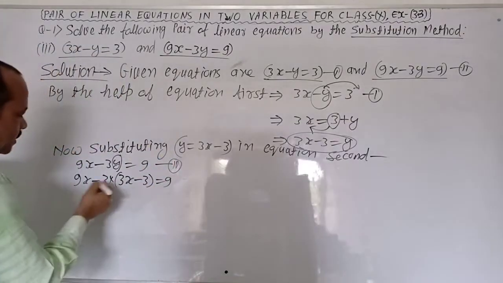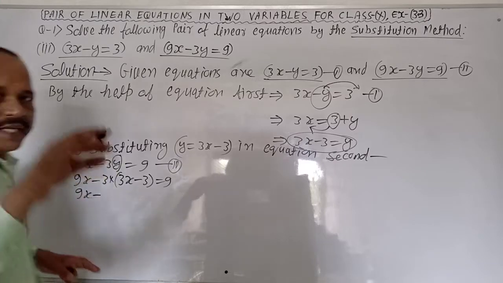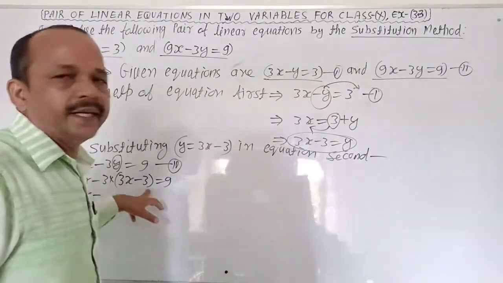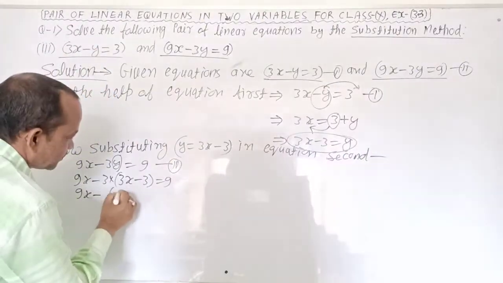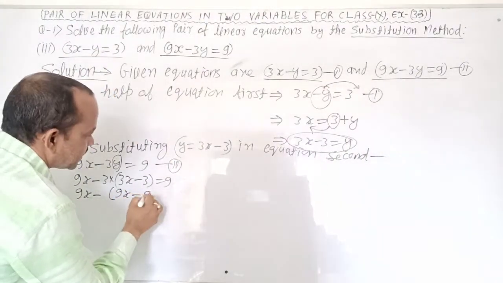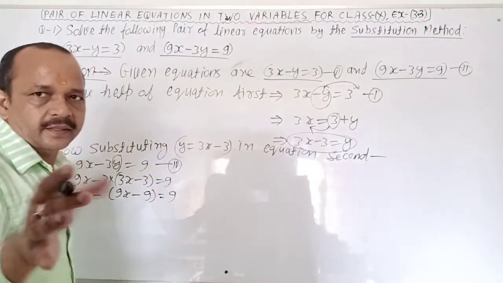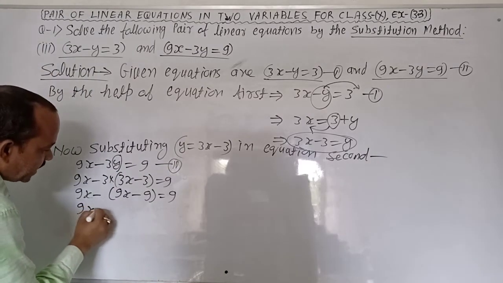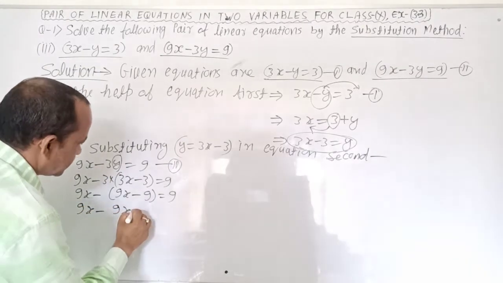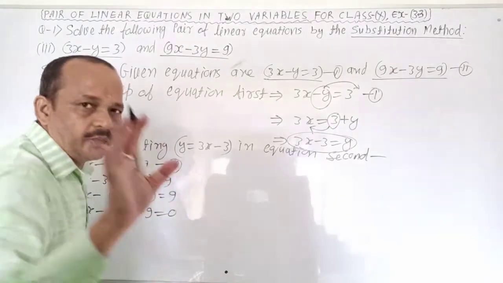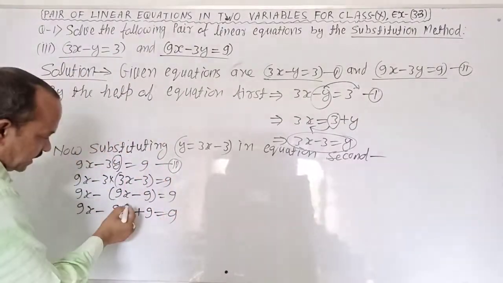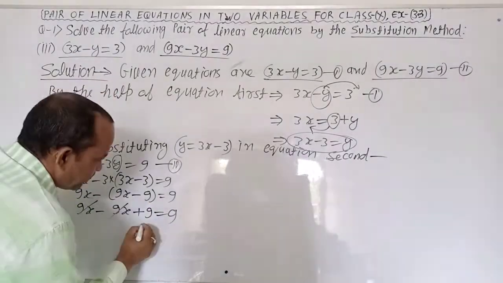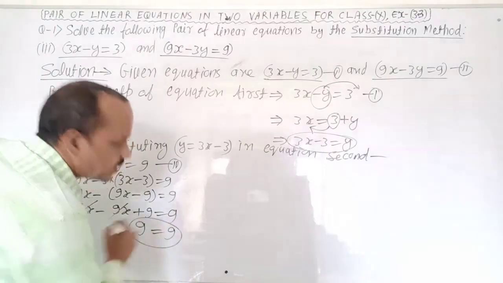Multiplying 3 by 3x and minus 3, it becomes 9x minus 9x plus 9 equal to 9. Now you open the brackets. You can cut 9x minus 9x. It becomes 9 equal to 9.